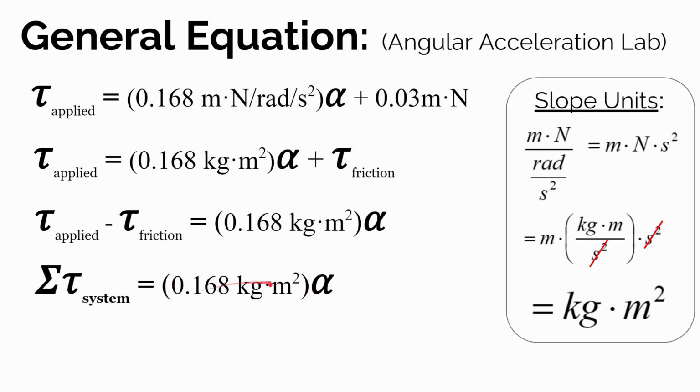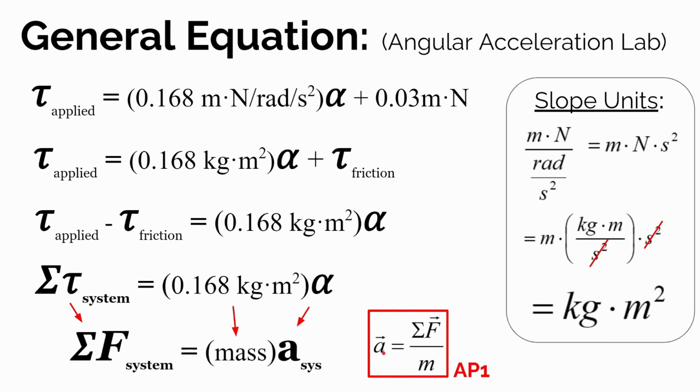And we said that the slope, this something, we think is related to the system's resistance to, or hesitancy to have, an angular acceleration. Now, looking at this equation, this should look familiar, not because we've seen this equation before, but it's in the same general form as another equation we've used a lot throughout the year. The sum of something is equal to something times something relating to acceleration. Think Newton's second law. Right?